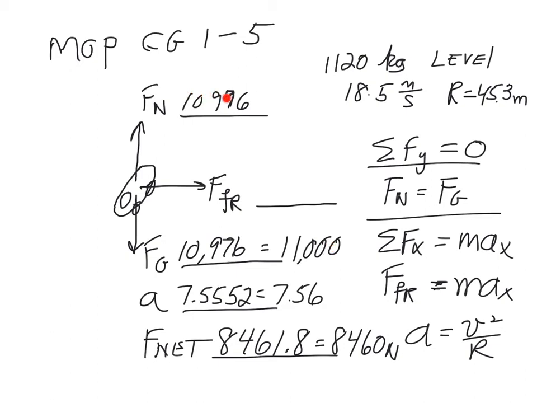And then the normal force, of course, is equal to that because the sum of the forces in the y direction is 0. And again, depending on the MOPS or depending on a question that I would give you, you would write the appropriate number here. For me, it would be 11,000, not 1,100, excuse me, 11,000.